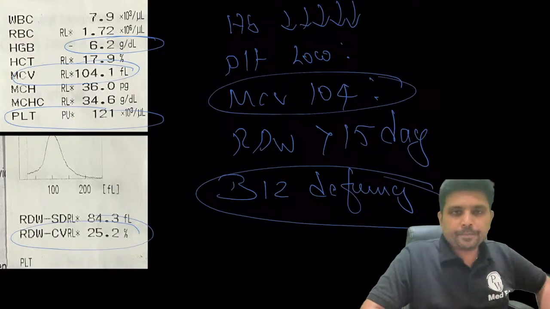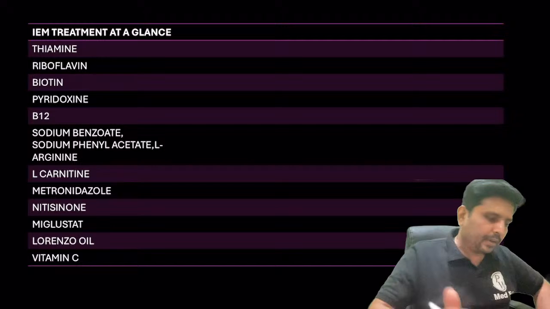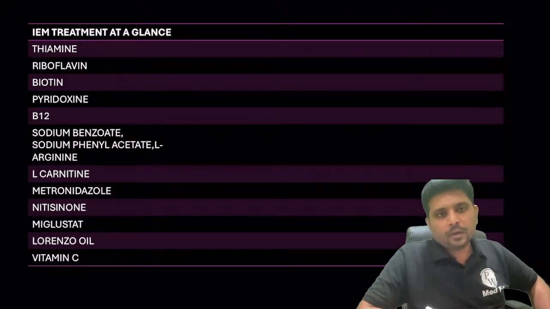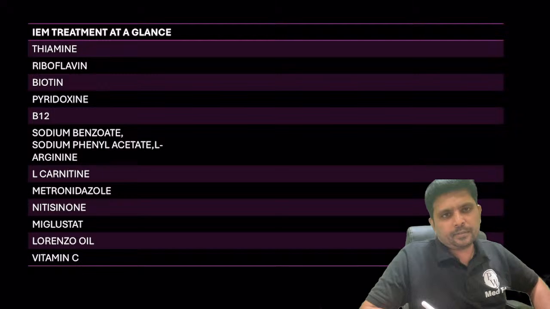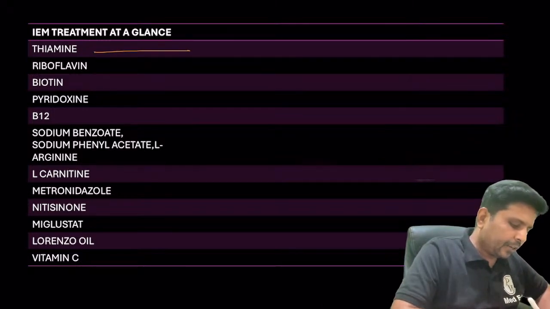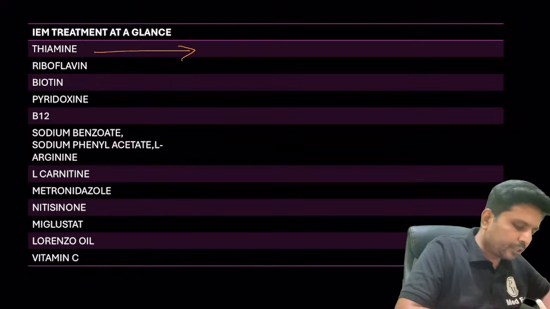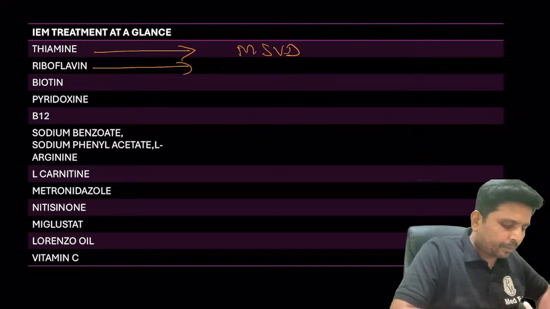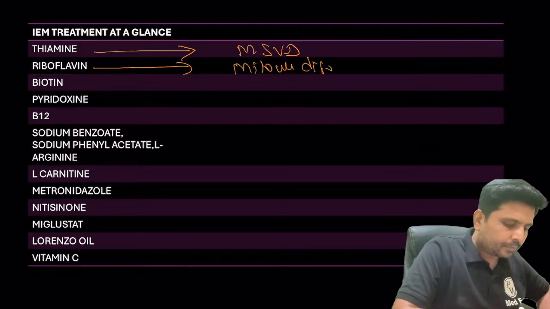B12 deficiency. Okay. Again, a rapid revision on certain things with respect to IEM. Thiamine is used in maple syrup urine disease. Riboflavin is used in mitochondrial disorders.